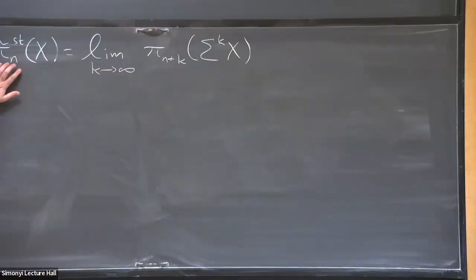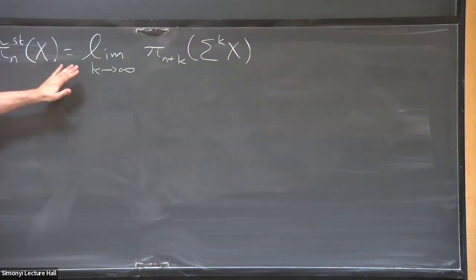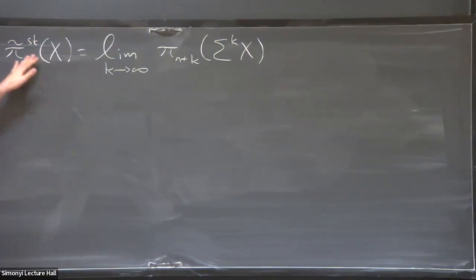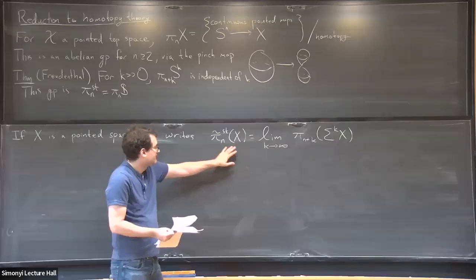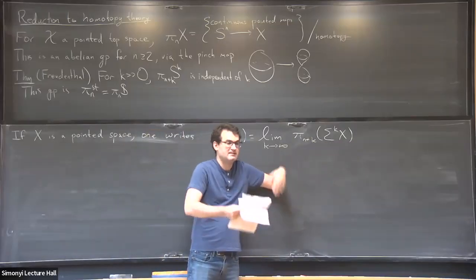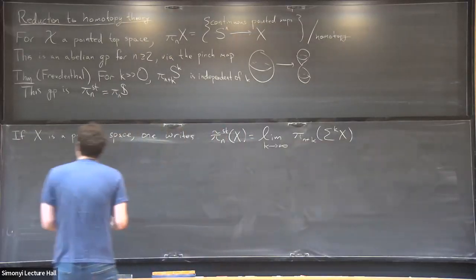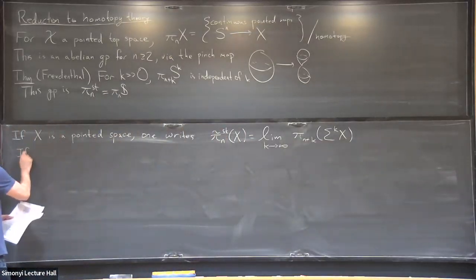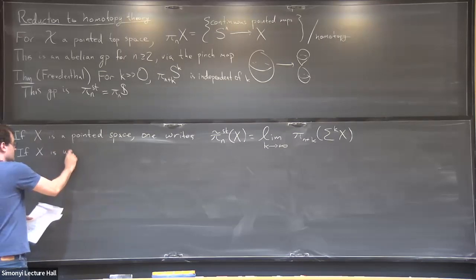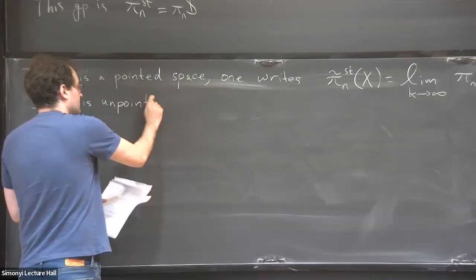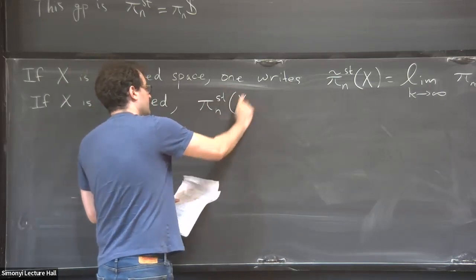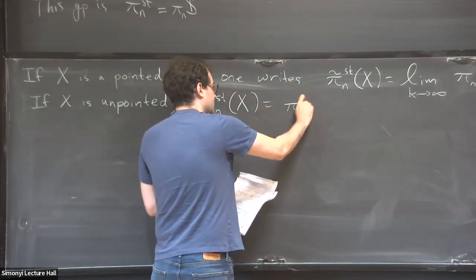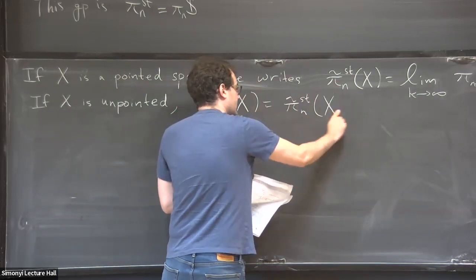And so this is some generalization of the Freudenthal theorem that I mentioned, that this stable group exists, and it's telling something about the homotopy groups of some shifts of X into larger and larger dimension. And then if X is unpointed, write π stable of X, which is the reduced thing where X has a disjoint base point.